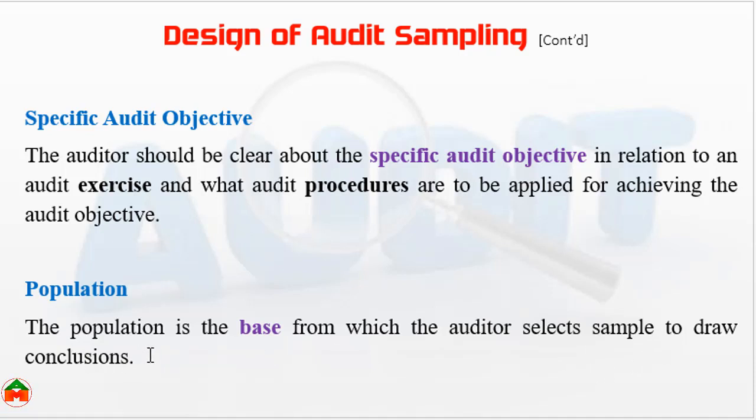Suppose you are going to audit the transactions, and if there are 100 transactions, then all the transactions would be considered as population, and if you don't take all the transactions or if you take less than 100% items or transactions or accounts, then that process is known as audit sampling. The population represents all transactions or all accounts or all items that should be audited by an auditor.